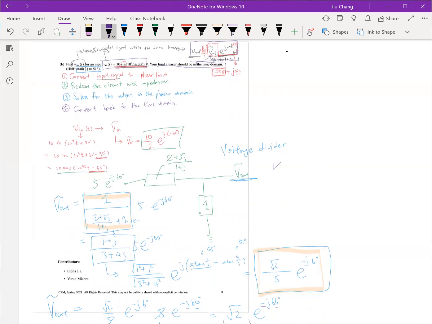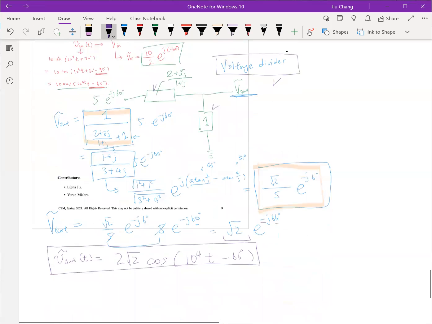Please be aware that you could always simplify these problems into simpler forms as long as you have only impedances, like different circuit elements in parallel or series. And you could also use special forms of circuits such as voltage divider.